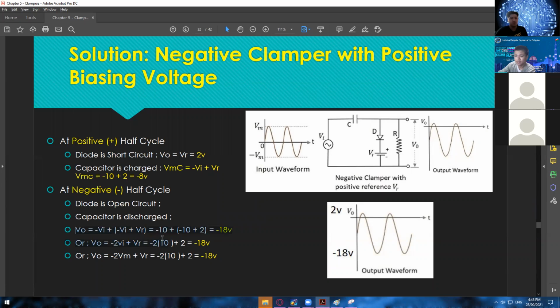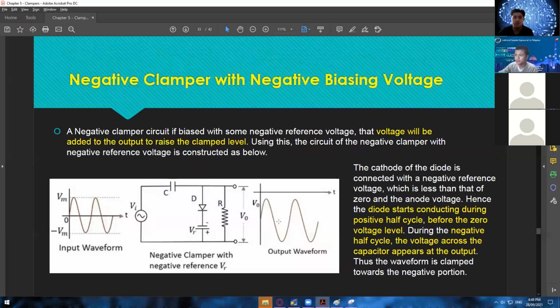So you can use this one, or this formula, or this formula. So you have 3 choices. All of them are the same. Did you guys get this one so far? Okay, that's good.